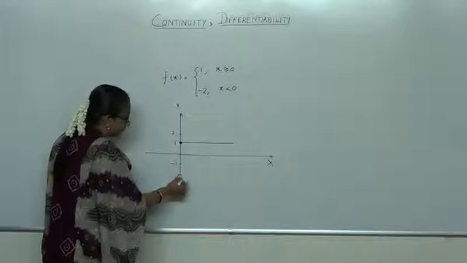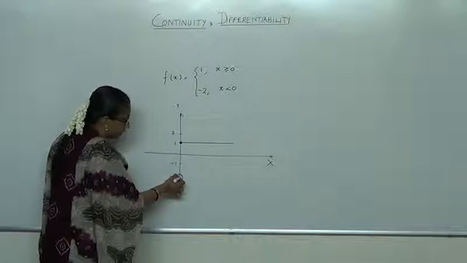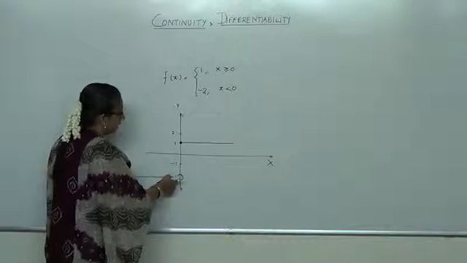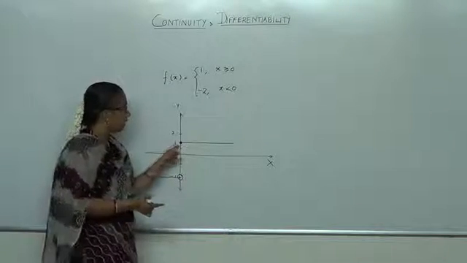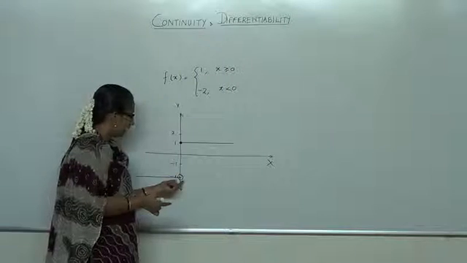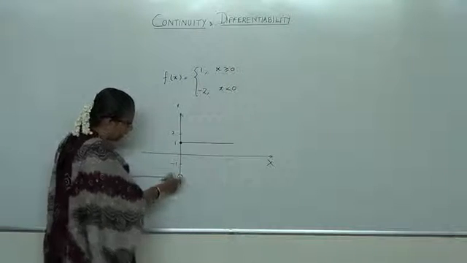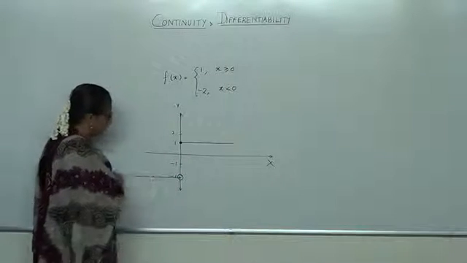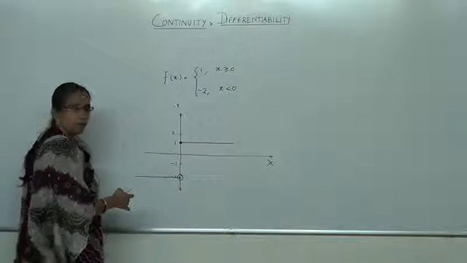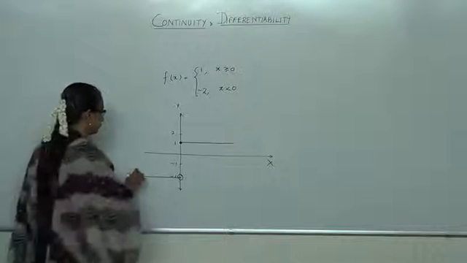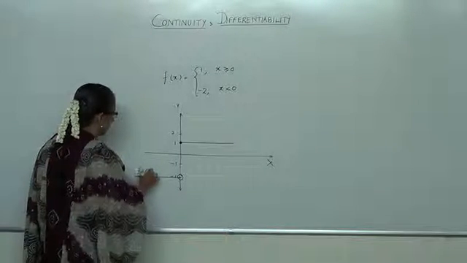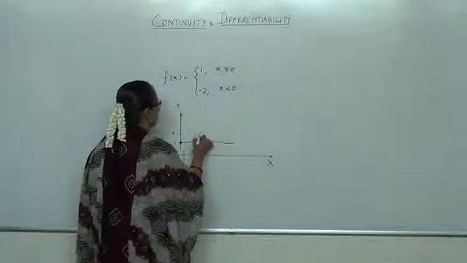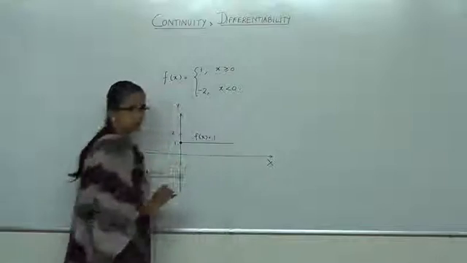Now we will put a hollow circle at x is equal to 0 for the part where the value is minus 2, because the value of the function at x is equal to 0 is 1, where we have put a thick circle. So we have to exclude this point and only show the graph of the function for values less than 0. So for x less than 0, the value of the function is minus 2, and for x greater than or equal to 0, f of x is equal to 1.